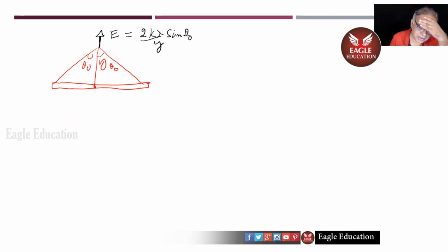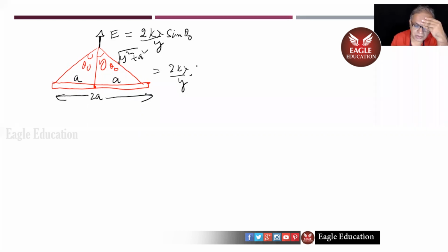But I can also write it in terms of, say, if I take this line charge's length as 2a. That means this is a, this is a. I can write 2k lambda by y times sine theta naught, which is a divided by root of y square plus a square.